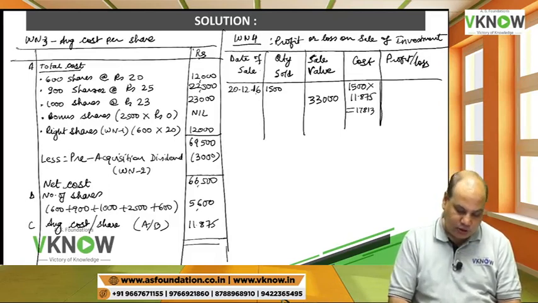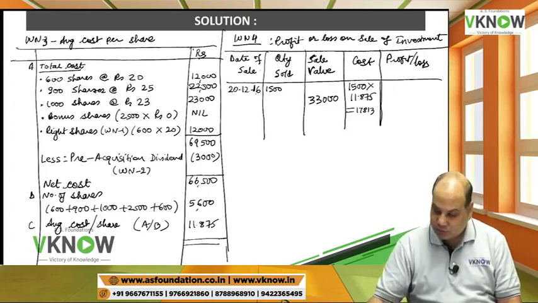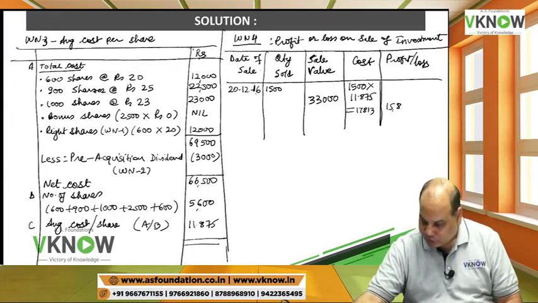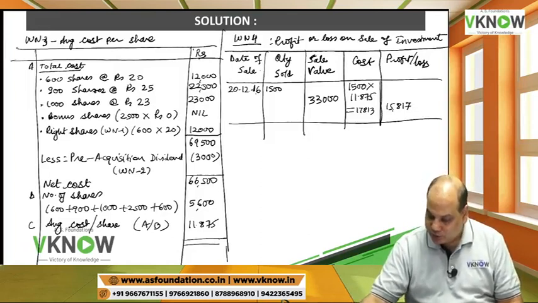With your permission, I have done. Okay, so now tell me profit. Profit is the difference between sale value and cost value. 33,000 minus 17,813 is 15,187. Check, 15,187 is right.